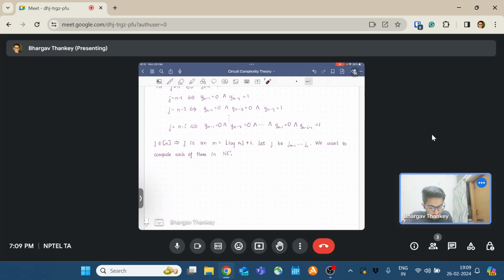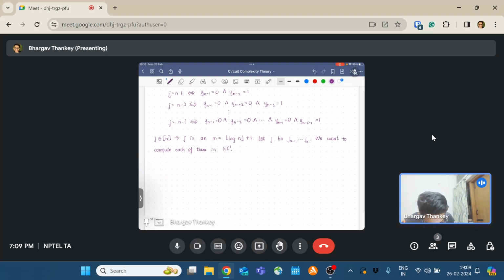So we have this condition and we want to convert it into something like this, right? So let me first write this condition in a slightly nicer way. So, j equals b.